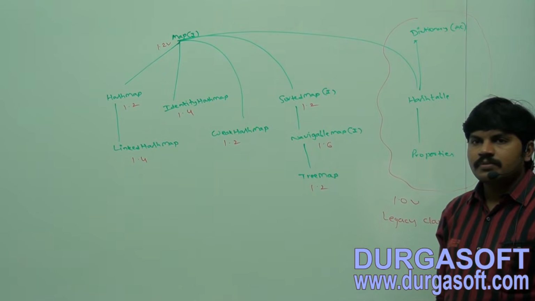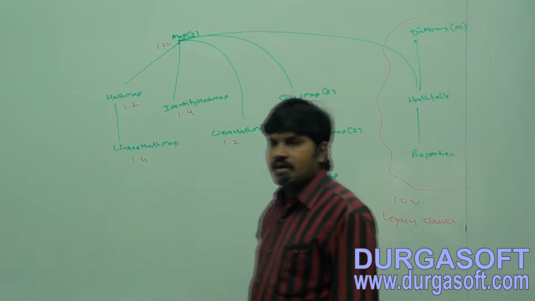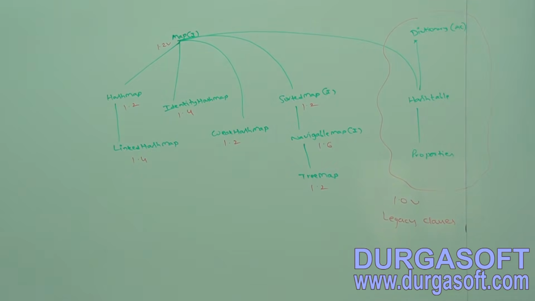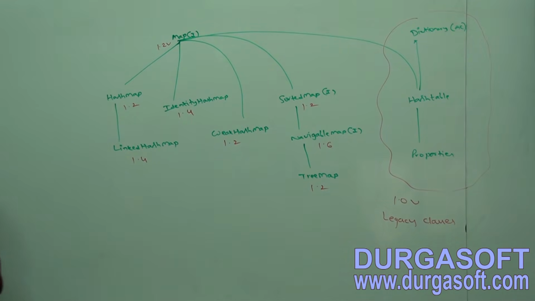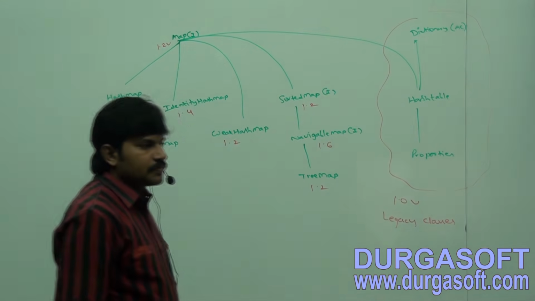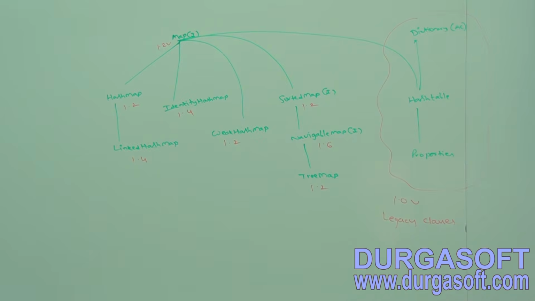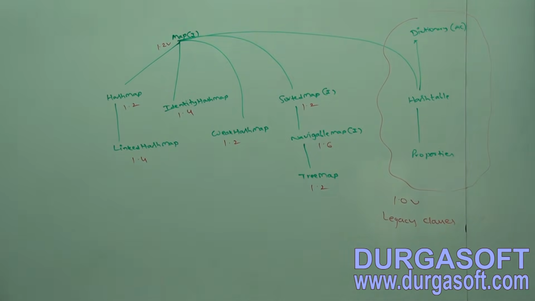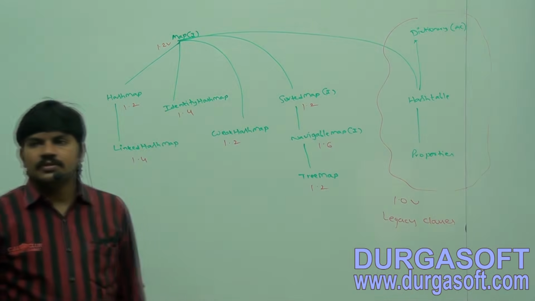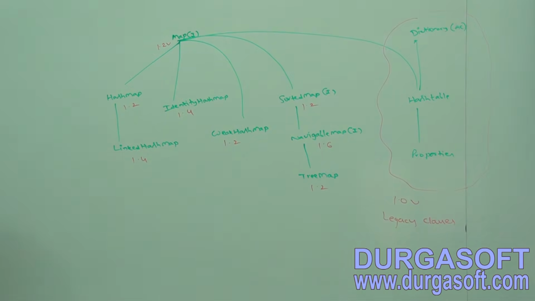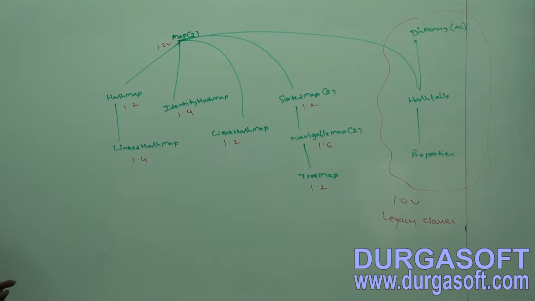Under Map we have to discuss all these things: Map, HashMap, LinkedHashMap, IdentityHashMap, WeakHashMap, then SortedMap, NavigableMap, TreeMap, then Dictionary, Hashtable, and Properties.